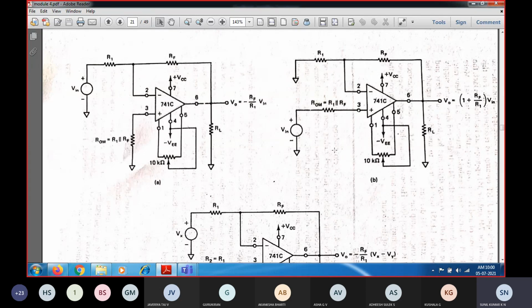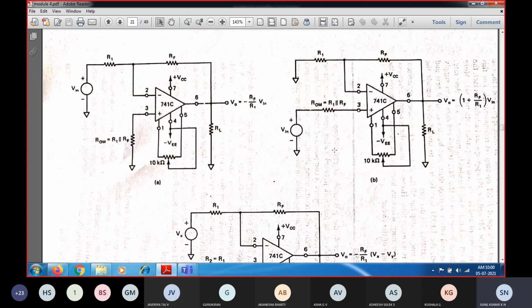In order to nullify the offset voltage as well as the offset current, we know that they are the unwanted voltage and unwanted current. When you look at the output, we need the actual output instead of a biased output. That biased output which you are going to get is nothing but the unwanted output voltage, and that itself is called offset voltage.